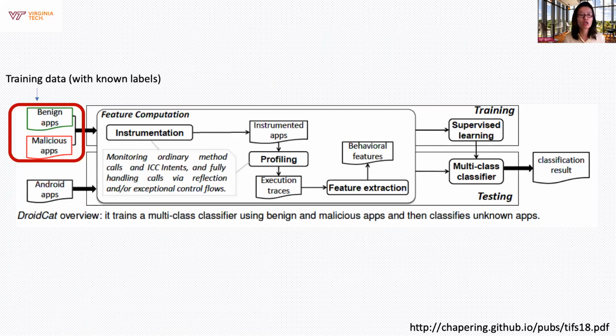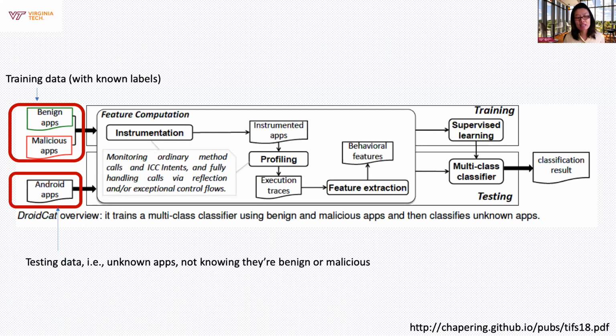Training data usually means you know the label, good or bad, and either someone has done it or someone manually confirmed it. Your task is to come up with some algorithm, some model that can tell unknown, new apps apart. And in this particular case, it's dynamic analysis.